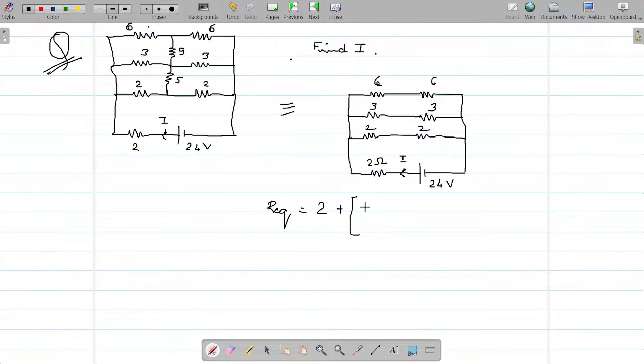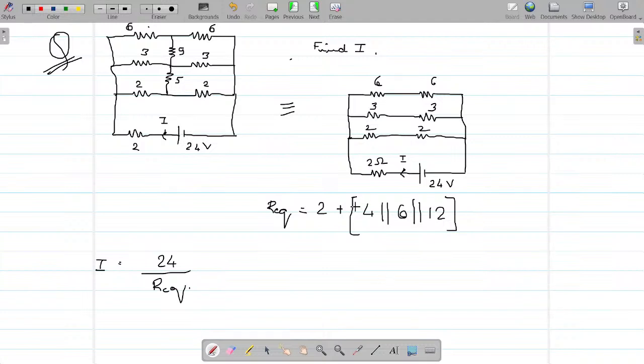It is in series, right? 4 in parallel to 3 plus 3 is 6, in parallel to 6 plus 6 is 12. This would be your R equivalent and your current I would be equal to what? 24 upon R equivalent, right?